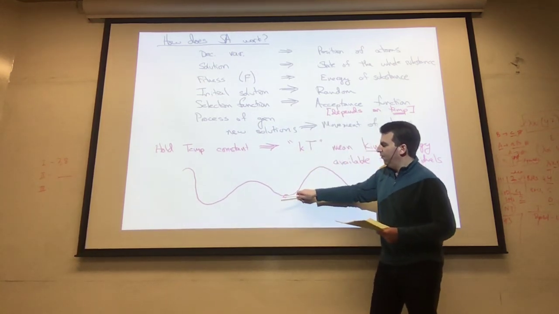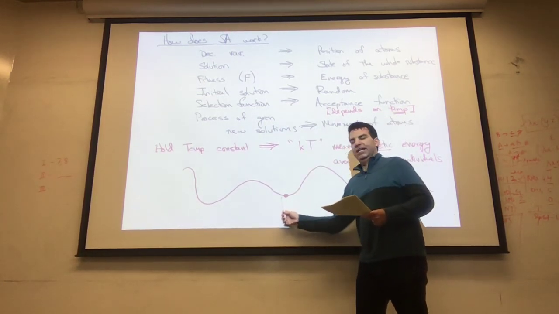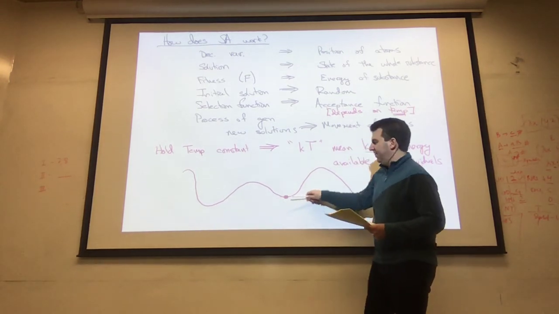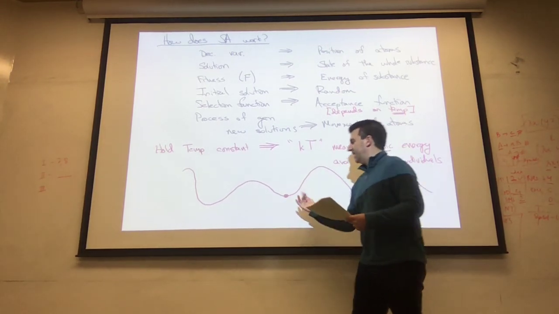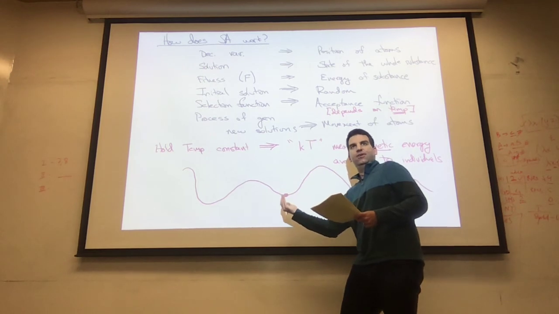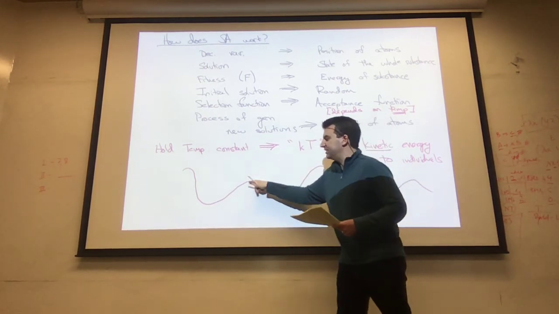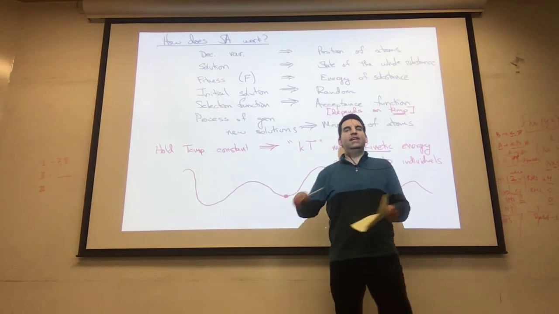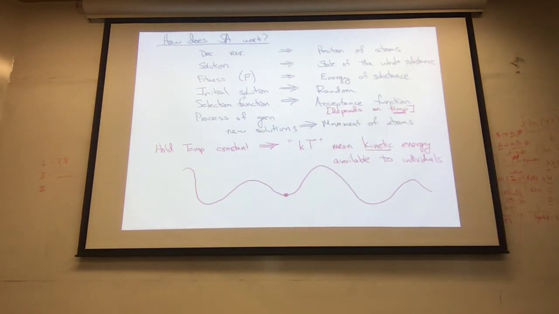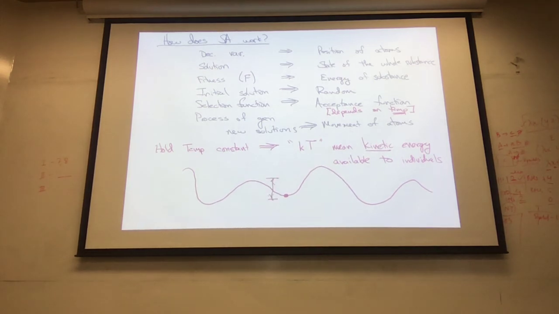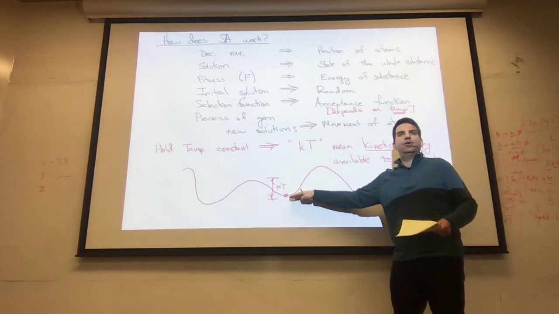This thing's jiggling with thermal energy, and the temperature gives it this much jiggle, and that's going to translate into enough fuel to get over this hump or not. So kT defines the maximum height that you can get over from any particular position.